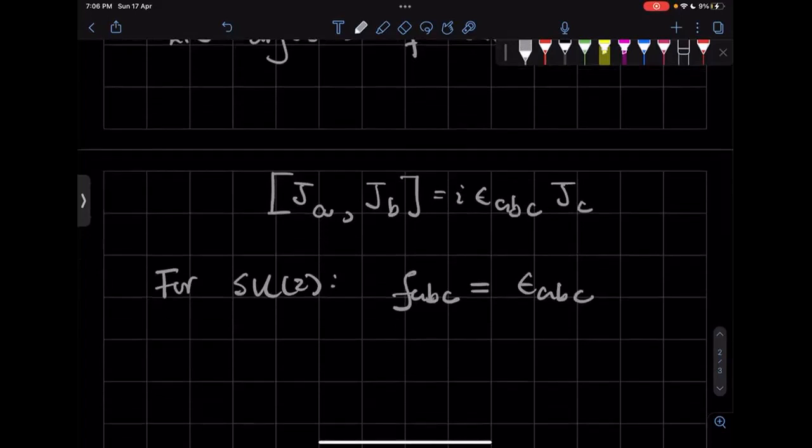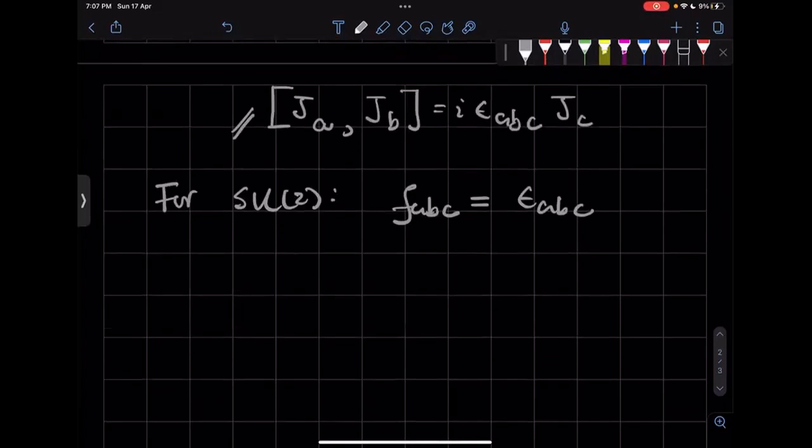Okay, so there are 3 non-trivial equations here, right? We can take the value of the index to be 1, then we have J1. Then the second one has to be J2. Of course, if I take both A and B to be the same, then the commutator vanishes, by definition, because the commutator is an antisymmetric object.